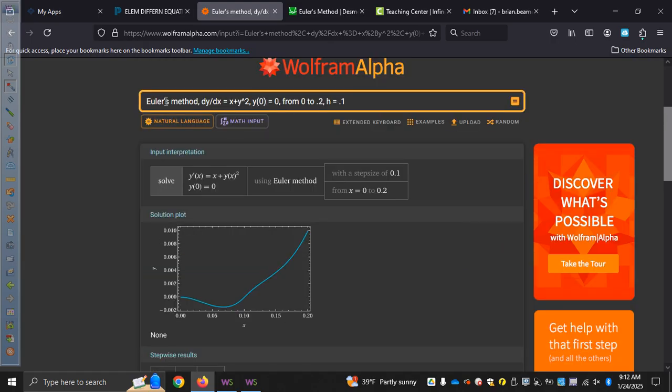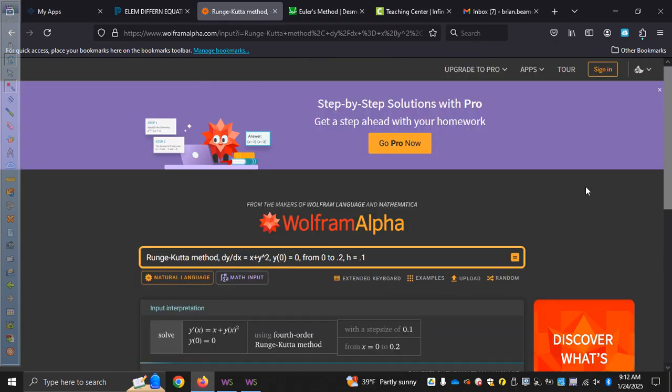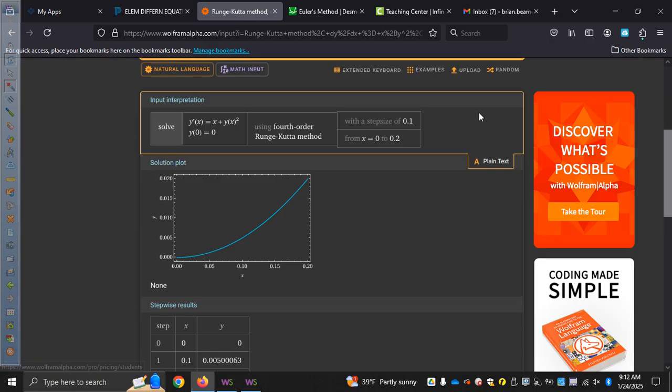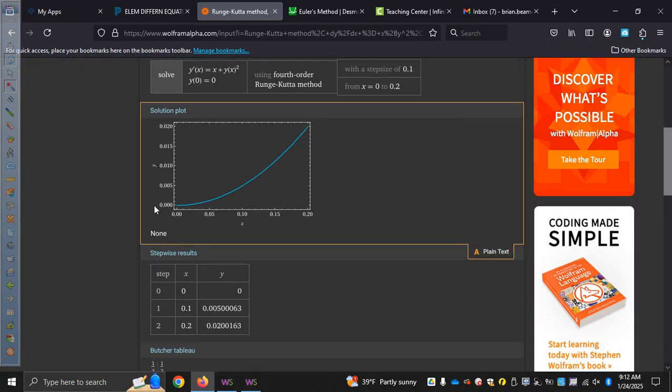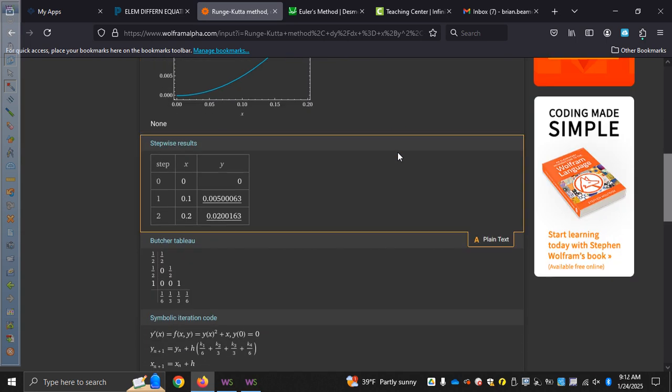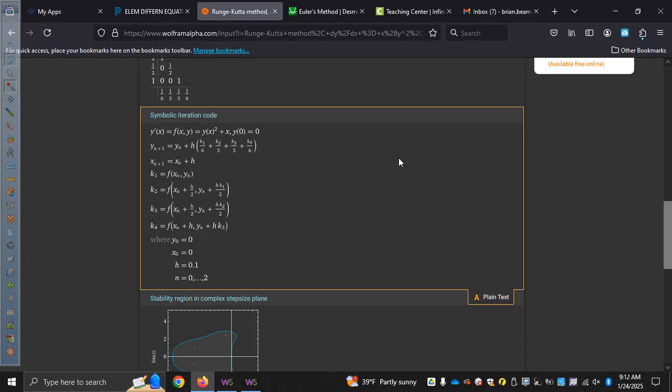And if we wanted to compare it to the other method, there's the solution curve for the Runge-Kutta method.